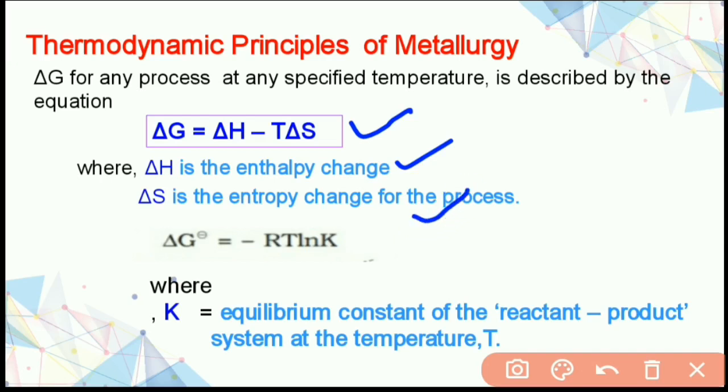This change could also be explained through the equation ΔG° = −RT ln K, where R is the gas constant and K is the equilibrium constant of the reactant-product system at the temperature T.